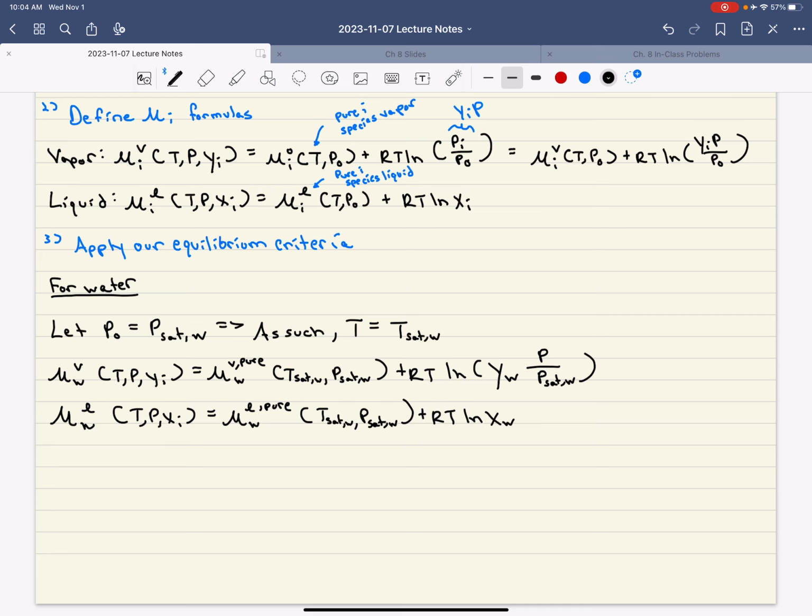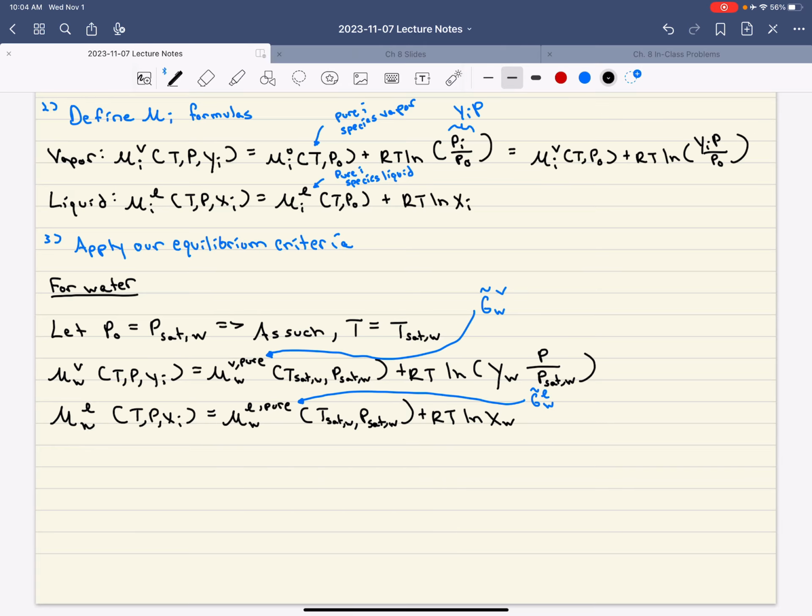One thing I want to point out is that, by definition, the standard state chemical potentials correspond to just the molar Gibbs energy for pure water. That's true for the vapor state and also for the liquid state.